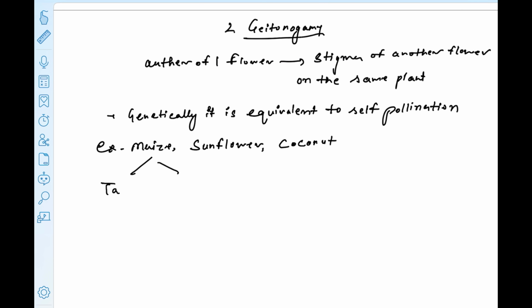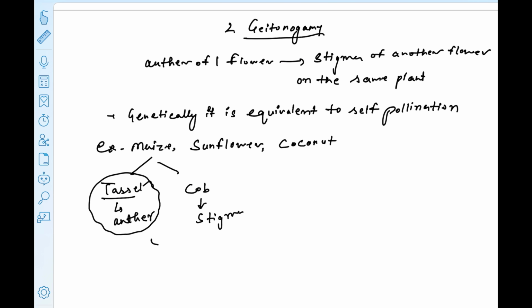We know maize has a tassel and a cob. Okay, the tassel is the male part that has anthers, and the cob is the female part that has stigma. Pollen grains from this region are transferred to the stigma of this region.